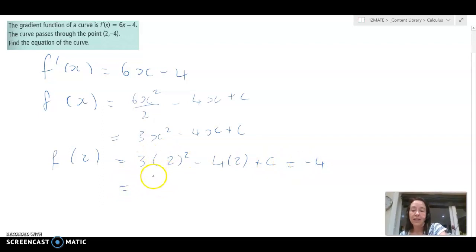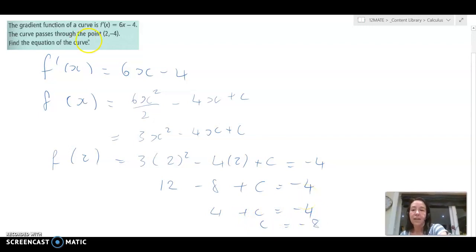So I can now solve. So 3 times 4 is 12, minus 8, plus c equals negative 4. 4 plus c equals negative 4, so c equals negative 8.